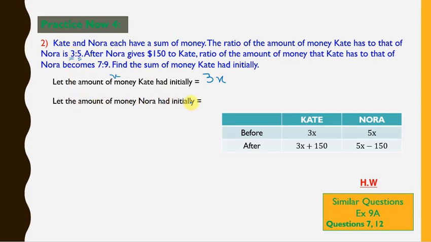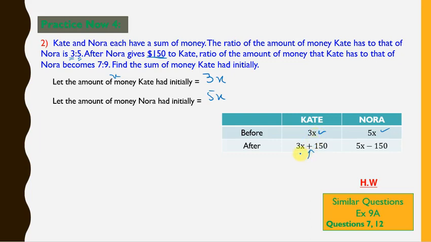And let the amount of money Nora had initially be 5x. This is what we have written over here. Now Nora gives $150 to Kate, so we will subtract it from Nora, and Kate received the 150, so we add it to the original amount.